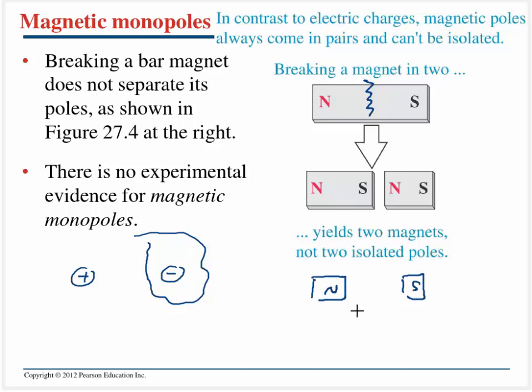You're not going to have a north pole and a south pole separately. So we're going to get two magnets out of the deal. We'll never actually have just an isolated north or an isolated south. We'll never have a magnetic monopole, mono being one. It will always be a magnetic dipole, di being two.